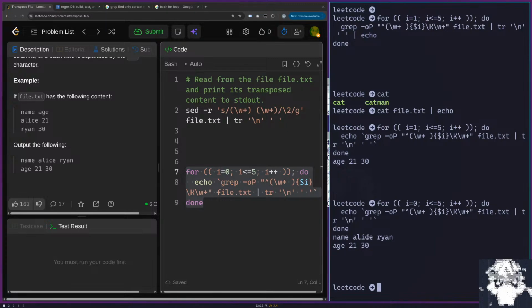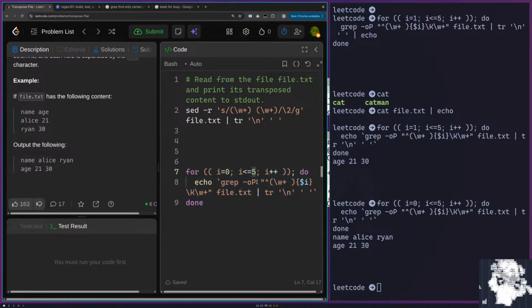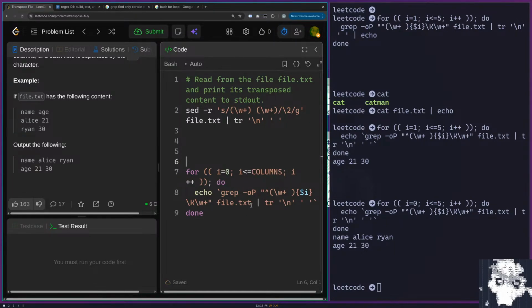Okay, now we just need to know what the top range of I is supposed to be. So columns equals, and it's going to be like you count the number of words or spaces in the first line of file.txt.